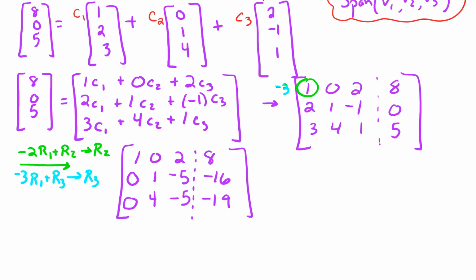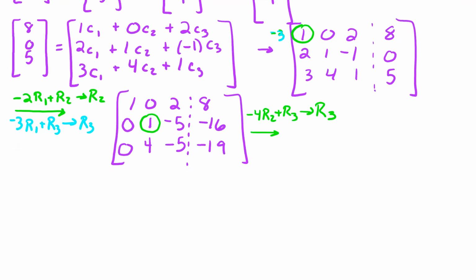So our first column looks good, and now moving on to the second column, we have our leading 1. The only thing we need to get rid of is that 4. So let's multiply negative 4 times row 2, add it to row 3, and put the result in row 3. The top row stays unchanged, the second row stays unchanged, and now our third row is going to be 0, 0, and a positive 20 minus 5 gives us 15.